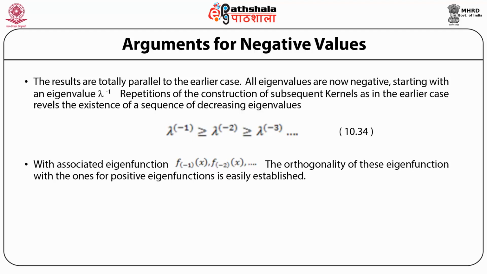The orthogonality of these eigenfunctions with the ones for positive eigenvalues is easily established. That is, our eigenvalues are lambda_{-1}, lambda_{-2}, lambda_{-3}, lambda_{-4}, etc., satisfying that lambda_{-1} is greater than or equal to lambda_{-2}, which is greater than or equal to lambda_{-3}, and the corresponding eigenfunctions we designate as f_{-1}(x), f_{-2}(x), f_{-3}(x), and so on.